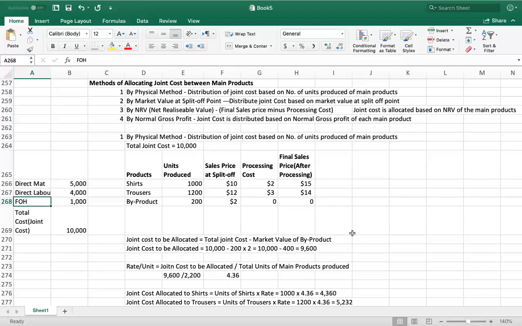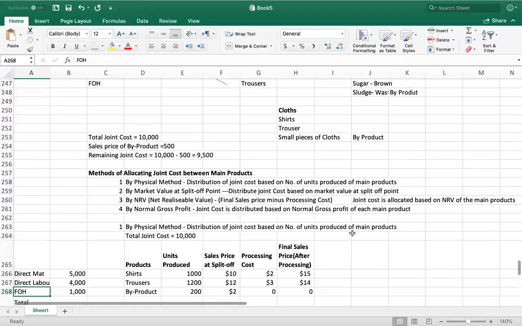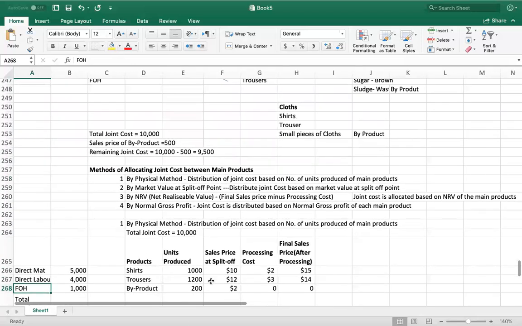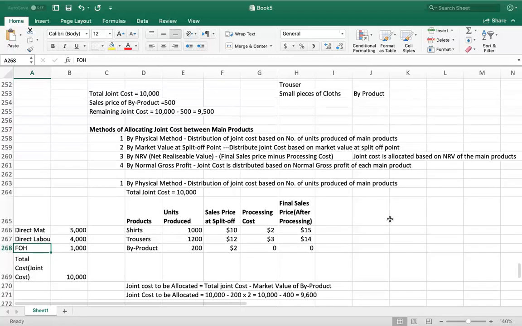How can we use this method in real business? You see, this is all management accounting, so it depends on the management. They will decide which method we will use. The best method is basically the gross profit method.